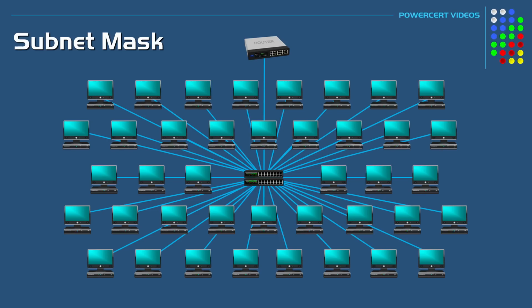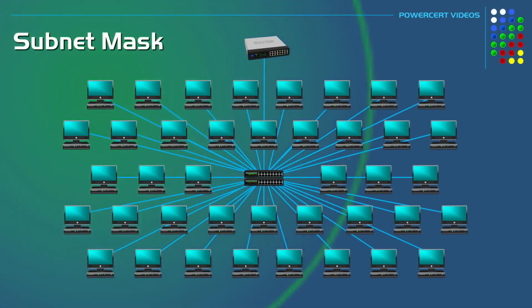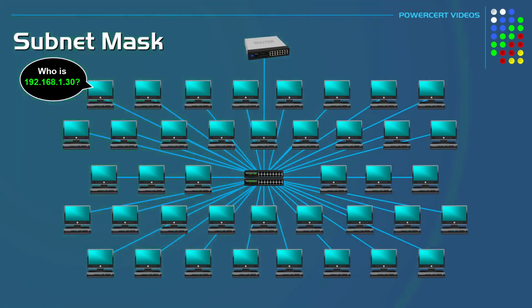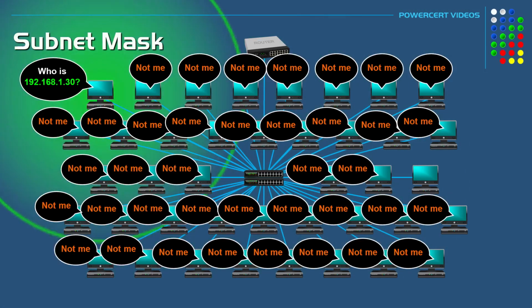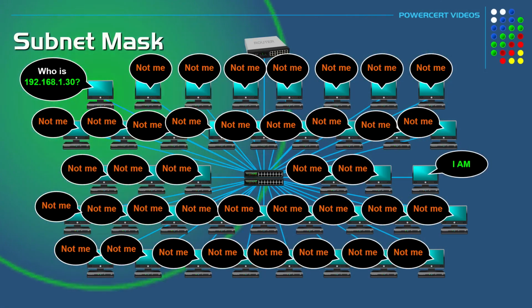So for example, let's say that this computer here wanted to communicate with this computer over here. So what happens next is that this computer here will send out a broadcast out on the network asking the target computer to identify itself so it can communicate with it. But the problem with this is that every computer on this network will also receive the broadcast because they are all on the same network.